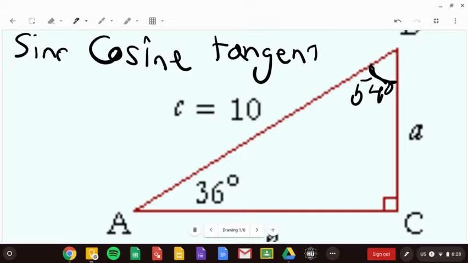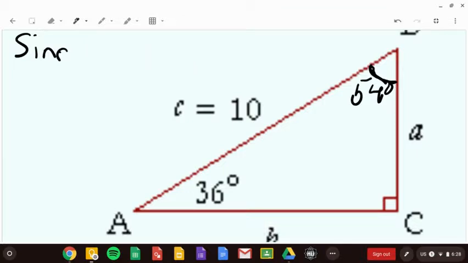Right now we can't use tangent because we don't have the opposite or the adjacent side to the 36 degrees or the 54 degrees. So tangent's out of there. Now what we can use is sine or cosine. For now, let's use sine.